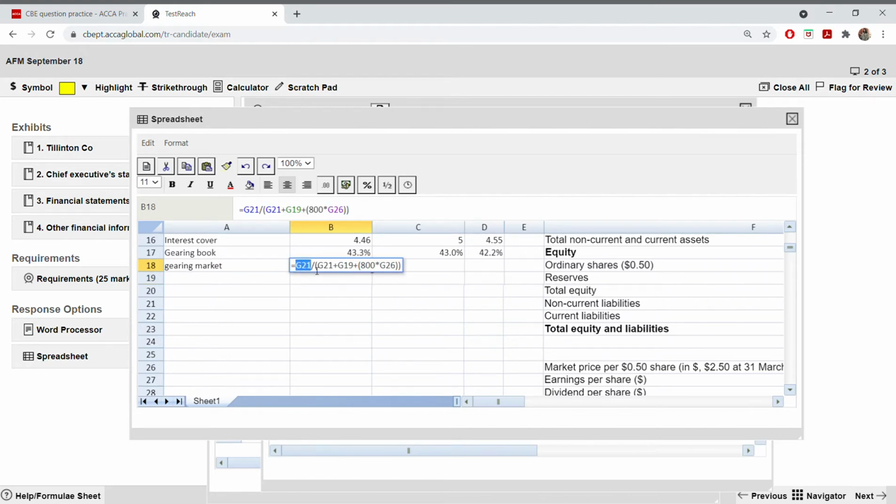This is your non-current liability over non-current liability plus your, okay, let's not take your reserves. 400. 29.8. Let's check. 25.8 and 28. No, it is wrong.